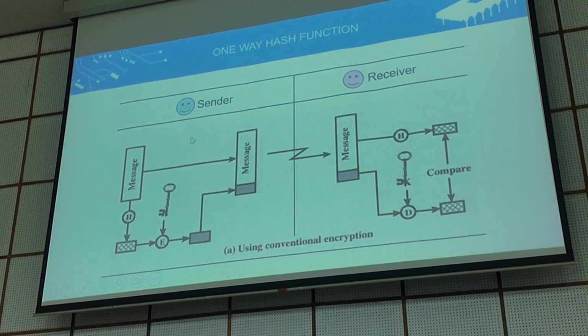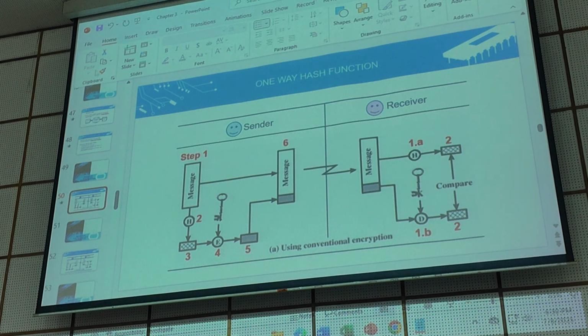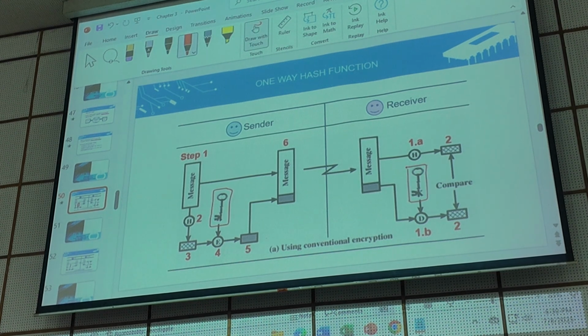Okay, this is one-way hash function with the secret key. You can see from here, they are using the shared key, the same key for encryption. In step one, they have the message and want to send it to the receiver.